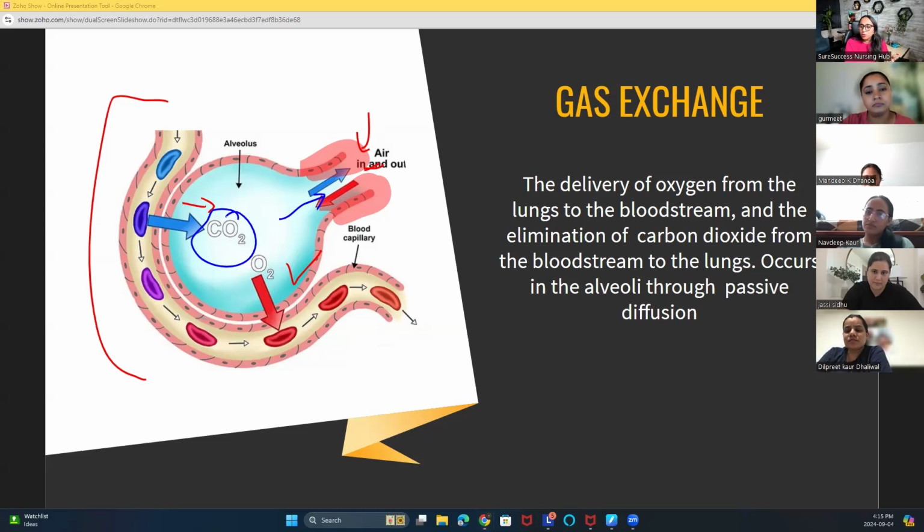Now, let's suppose the swelling is one part. Another issue is, let's suppose a lot of fluid is collected in the alveoli. Is there any problem in the ventilation going in and going out?